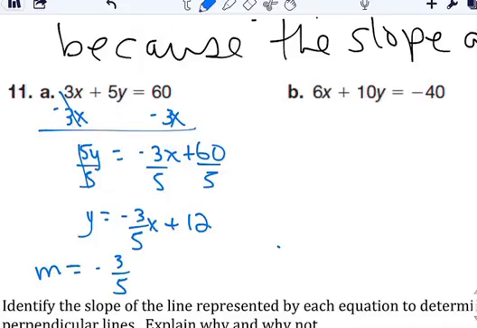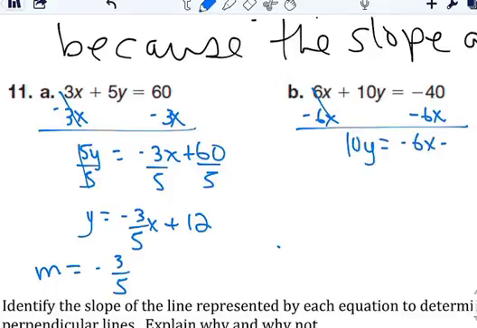The next problem, you do the same. You minus 6x, minus 6x. 10y equals negative 6x minus 40. Divide by 10, divide by 10, divide by 10.